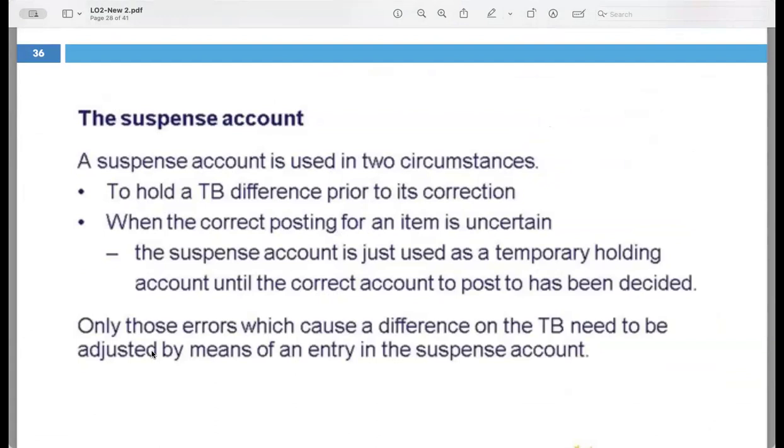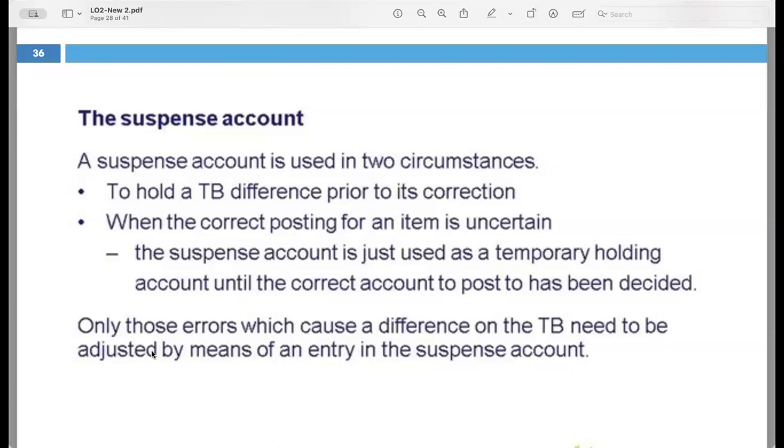Secondly, it is used when the correct account to post a transaction is uncertain or when an error needs investigation. For temporary holding, when an error is detected that causes the trial balance not to balance, the difference is temporarily posted to the suspense account. This allows the financial statements to proceed with correct figures while investigation and corrections take place.